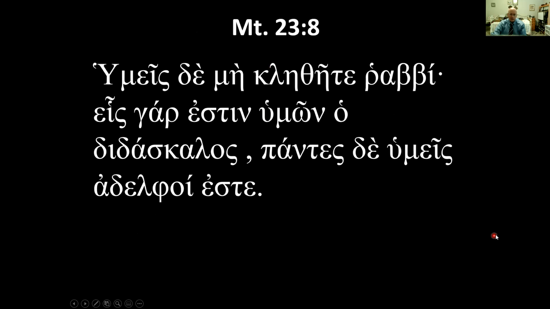Here's another verse with the passive form. Hymeis de me klethete rabbi. Now, you should not be called. We have a prohibition with the aorist subjunctive, aorist passive subjunctive. Kaleo, and klethete is the aorist passive, second person plural.